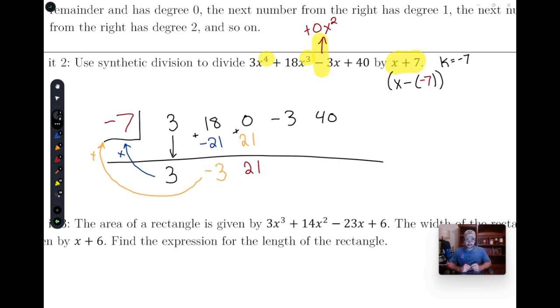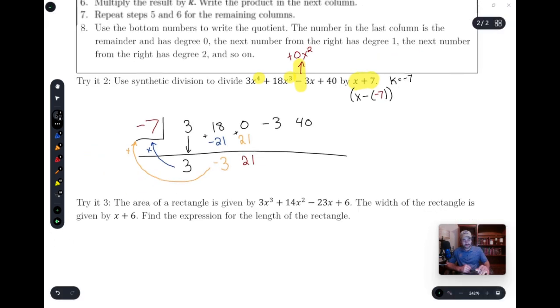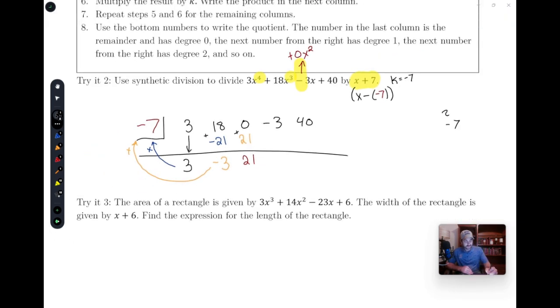21 times -7. That might be out of my scope to do in my head. Let's go over here. -7 times 21. 7 times 1 is 7. 7 times 2 is 147. Negative sign. It's okay if you have to go off to the side and do a little bit of math. I'm also in that boat. So we got -147. -147 plus -3 is -150.